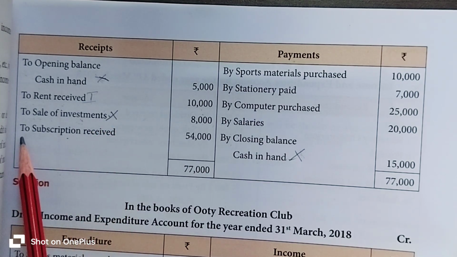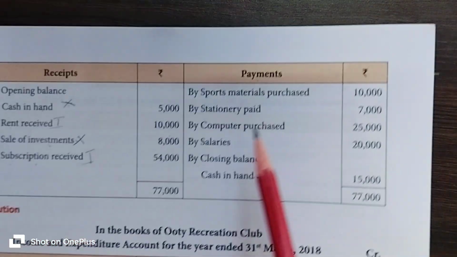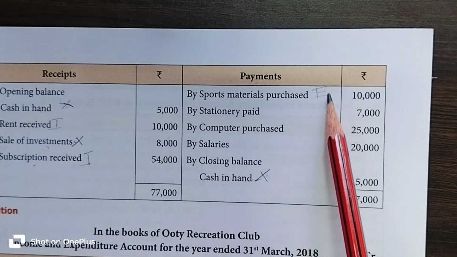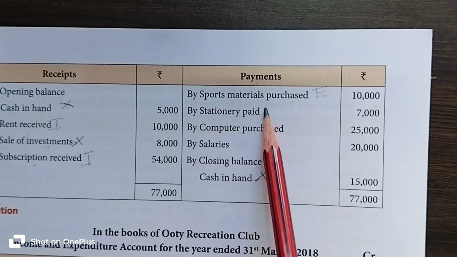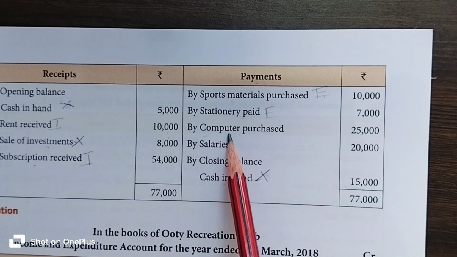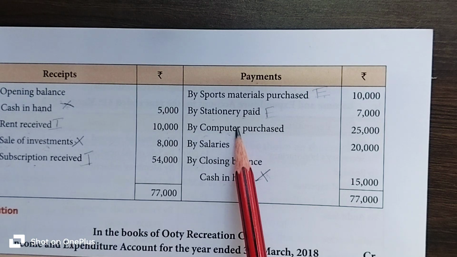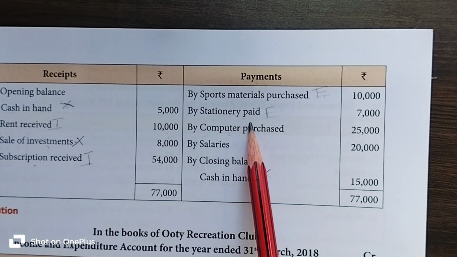Then subscription received is income. Sports material purchased is an expenditure item, revenue expenditure. Stationery paid is revenue expenditure. Computer purchased: computer is an asset item. When you purchase a computer through cash, you make payment for a purchased asset.